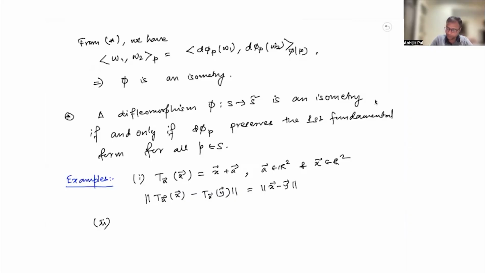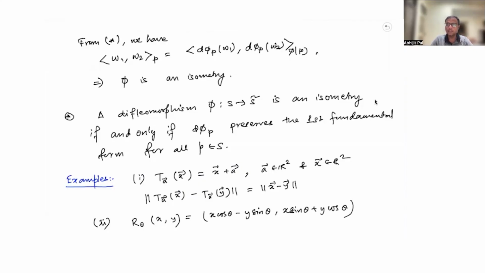If I take rotation, R theta of (x, y) is given by (x cos theta minus y sin theta, x sin theta plus y cos theta).